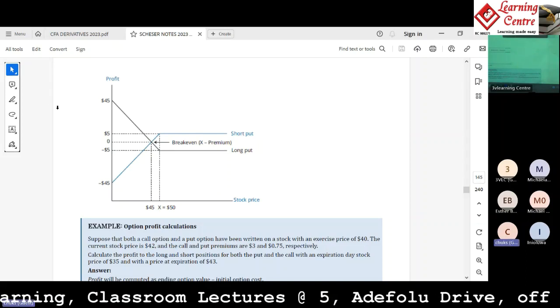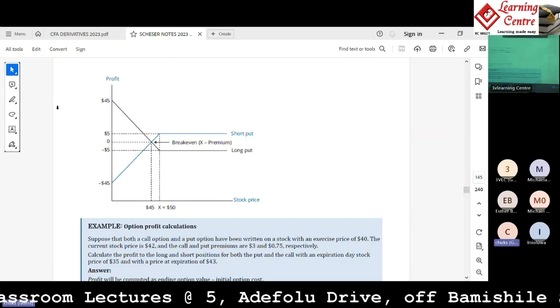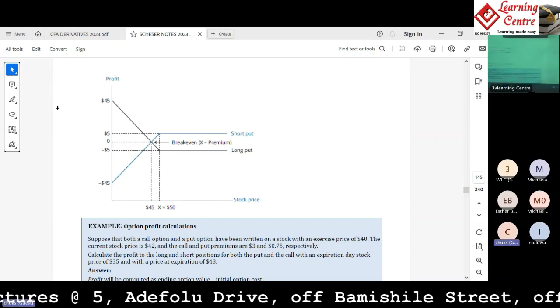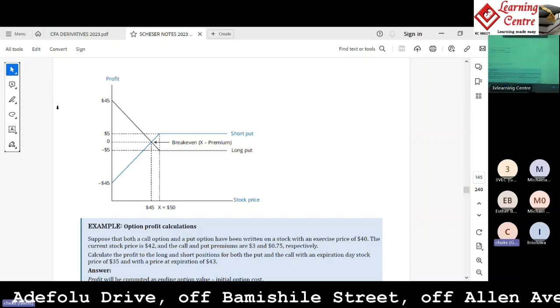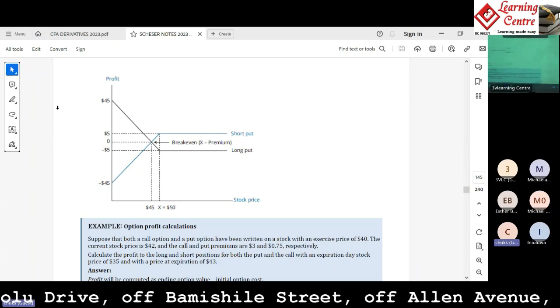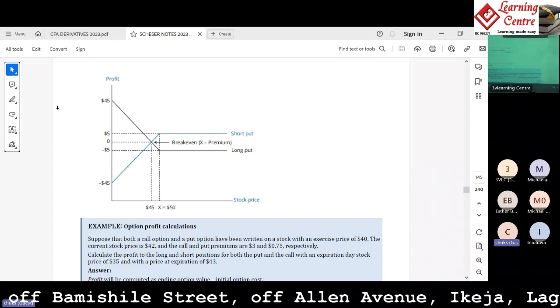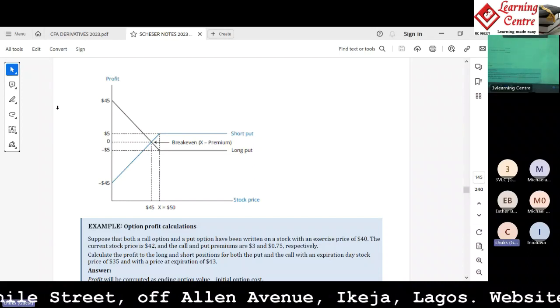So let's take the first one, $35. The first thing they are asking you to calculate is, okay, there's a call. Somebody is buying that call. Somebody is selling that call. For you to buy a call option, it means somebody has sold it to you. So you that are buying the call option, what does buy mean? Buy means long, right? Sell means short.